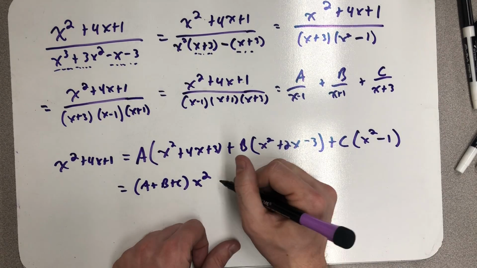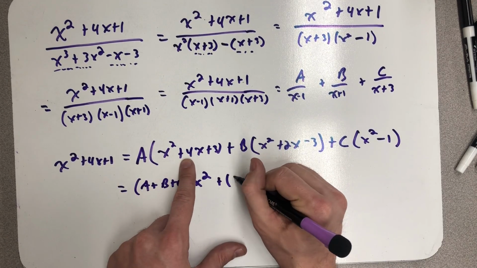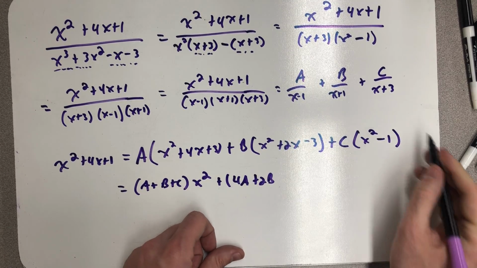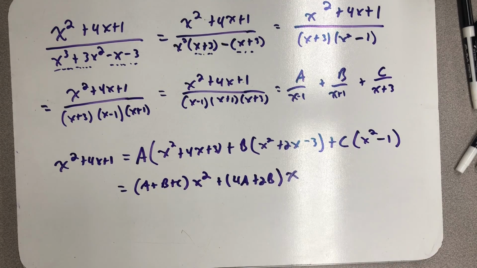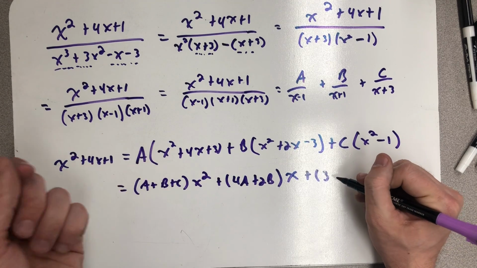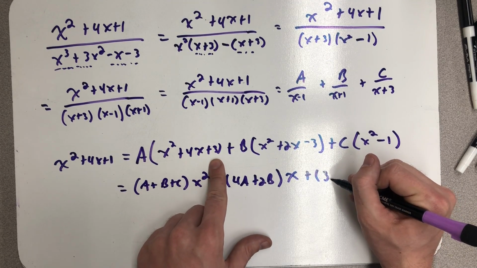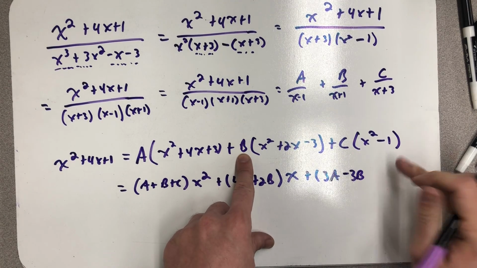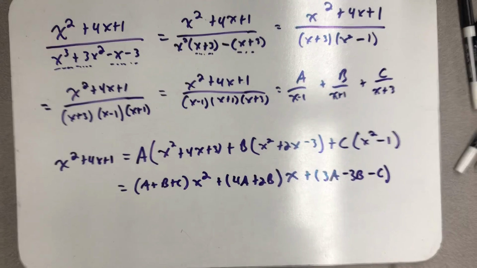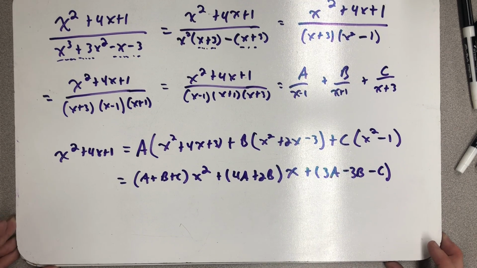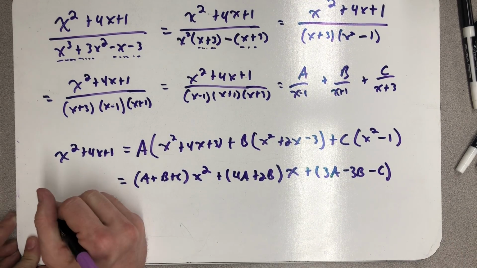The linear terms, I'd have a 4Ax, I'd have a 2Bx, and this piece doesn't have a linear bit, so those are my only parts times x. And then finally, a constant term, 3A minus 3B minus C. Now our job is to equate coefficients and create a system of linear equations that we'll have to solve.